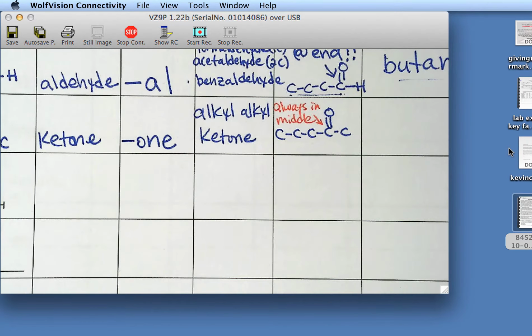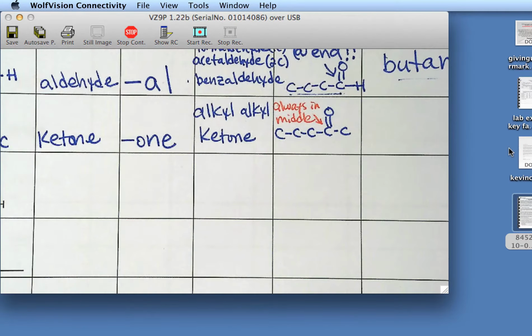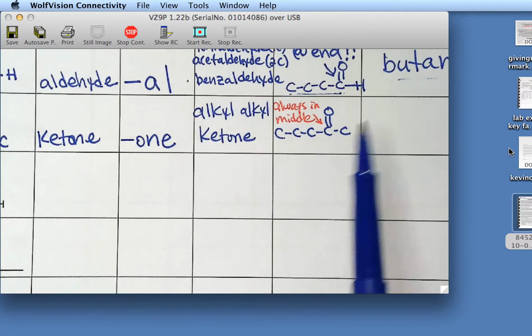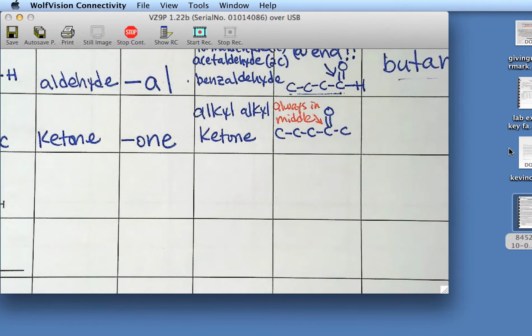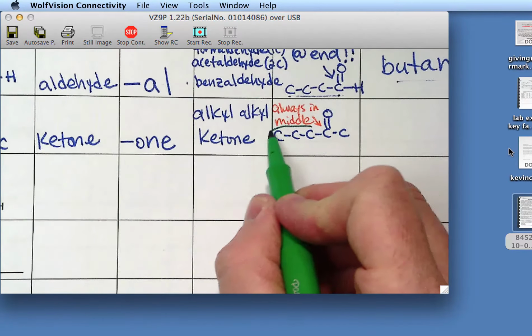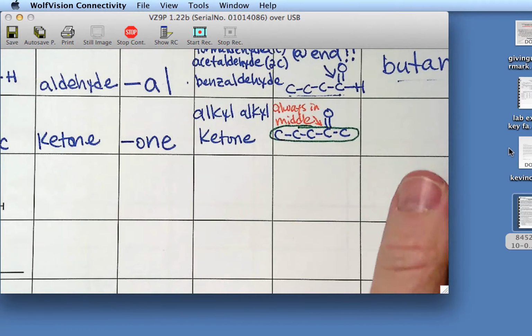The IUPAC, find the longest continuous chain of carbons that contains the carbonyl, the C double bond O, and that ketone. And that will be your parent. So in this case, it's 5.